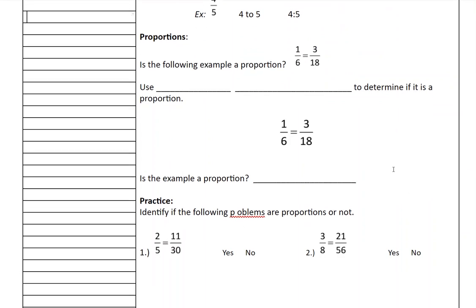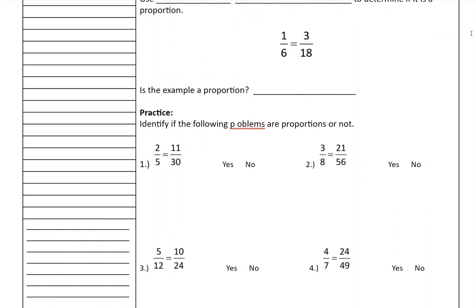So let's use some cross multiplication to decide if this is a proportion. I'm not sure if you have done this before or not. We call it cross multiply because we're going to multiply diagonally. It does not matter whether you start with the top or the bottom, but I usually start from the top, and I'm going to multiply in a crisscross shape.